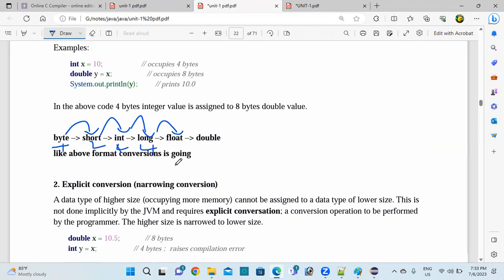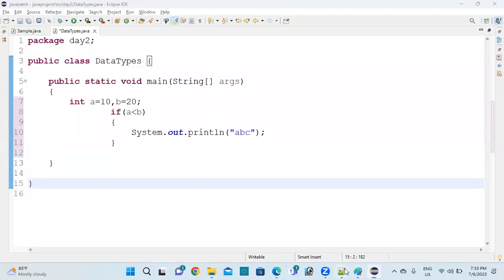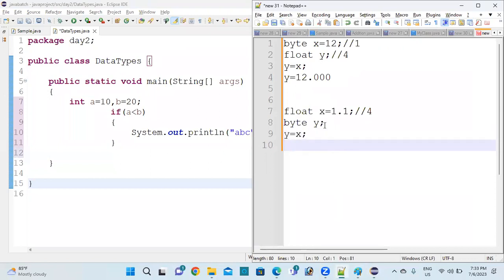Like this only you can store. Explicit type conversion is the reverse. 8 bytes of information I want to store in 4 bytes, 4 bytes of information in 1 byte. This particular scenario you call explicit type conversion. Here you are forcibly storing the information. When 4 bytes of information is stored in 1 byte, the answer will be 1. The fractional part will be deleted. Okay.